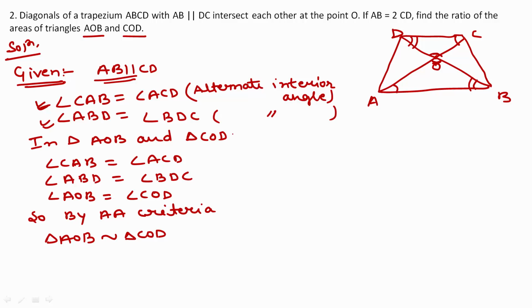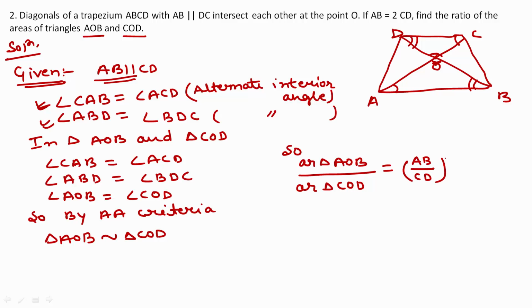If two triangles are similar, then the ratio of the areas of the two similar triangles is equal to the square of the ratio of their corresponding sides. So area of triangle AOB upon area of triangle COD is equal to (AB upon CD) whole square.